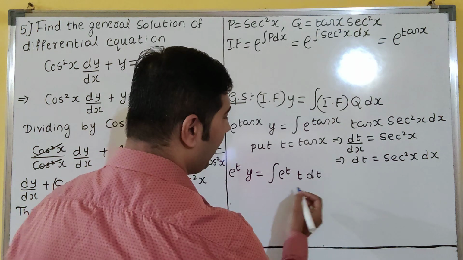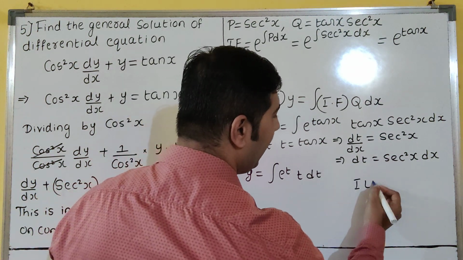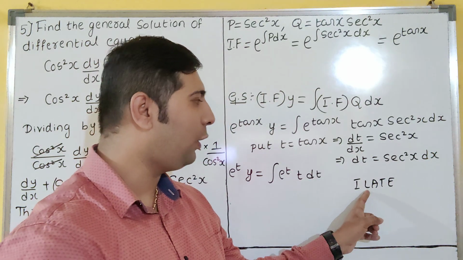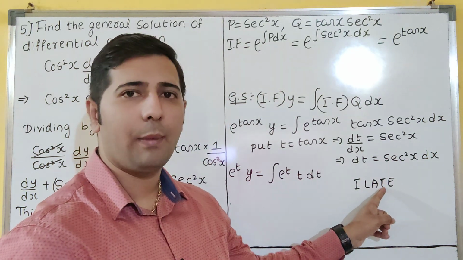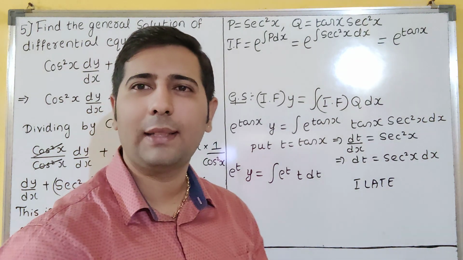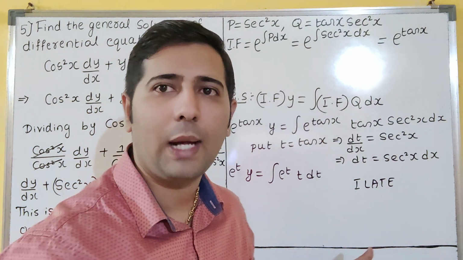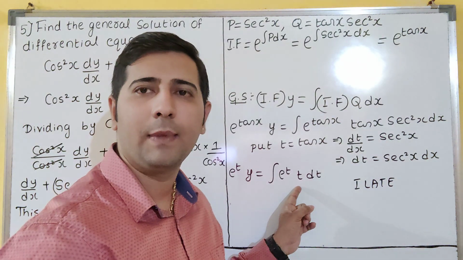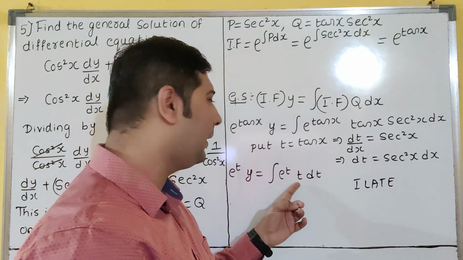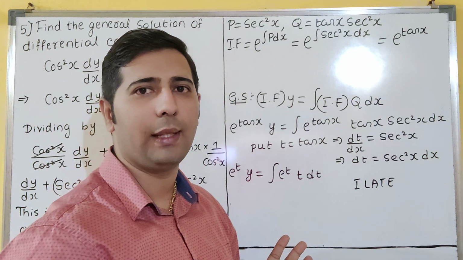Eilert says, you know that, inverse, logarithm, algebra, trigonometry, exponent. Now which will come? While writing you write it as t only, but imagine in your heart, in our mind, it should be x only, dear students.